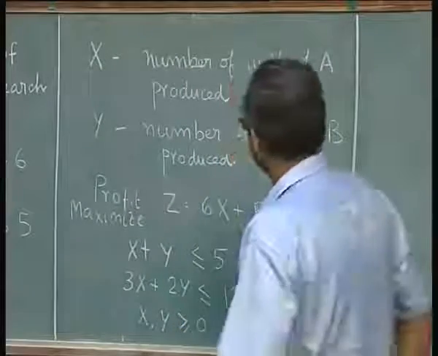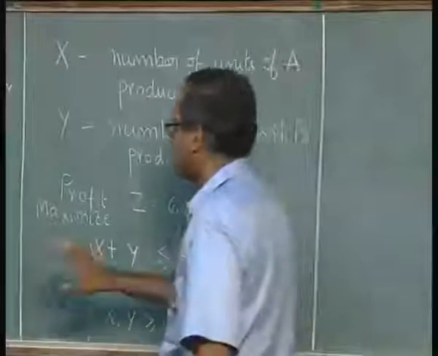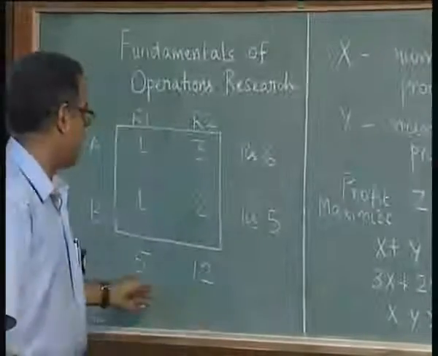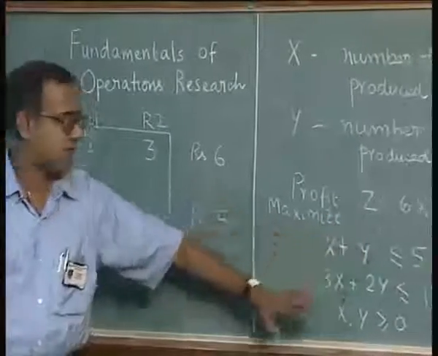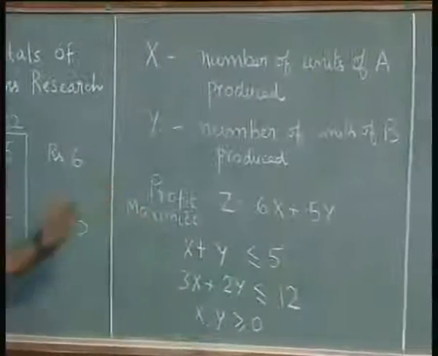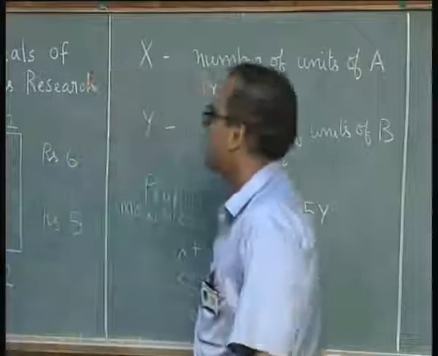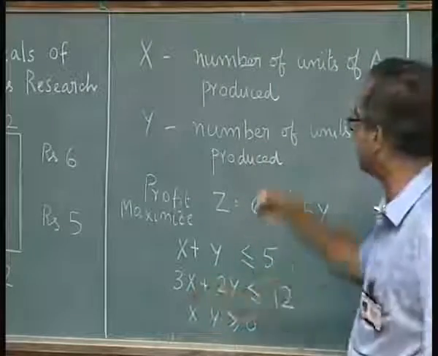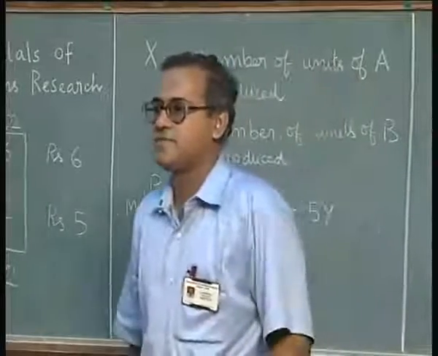The third set of things are the conditions which represent the resources that are available and that have to be used efficiently. So these conditions that we have to satisfy, namely X plus Y less than or equal to 5 and 3X plus 2Y less than or equal to 12, are called constraints, because they constrain the decision variables from taking as large a value as we would ideally like.